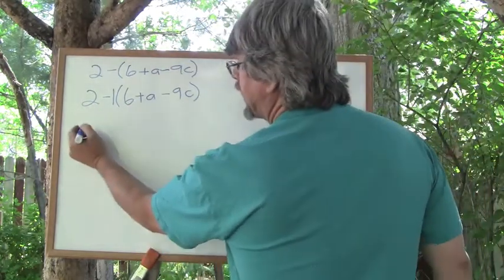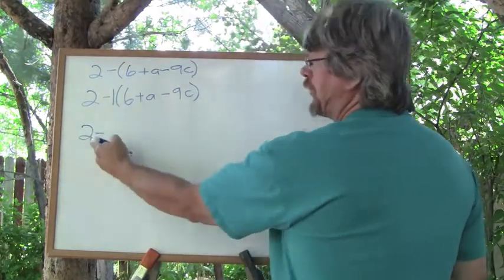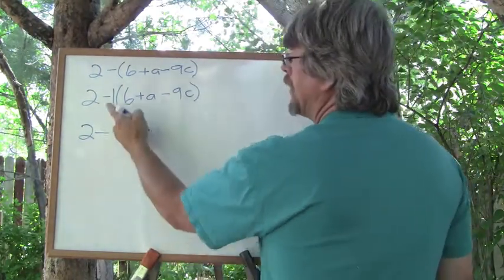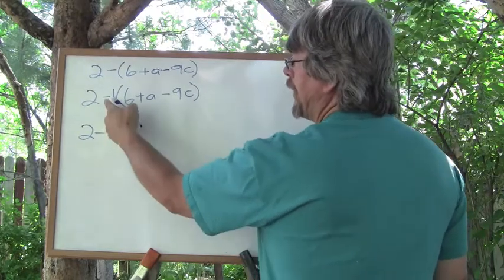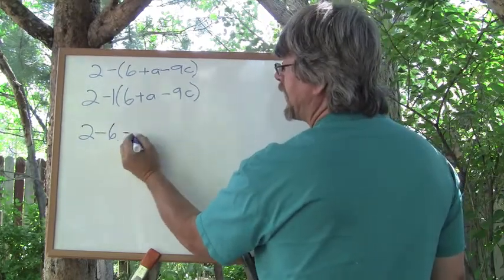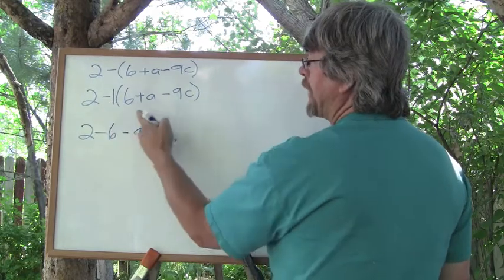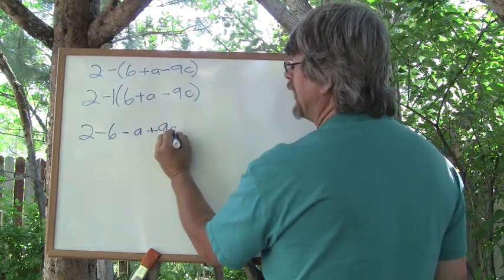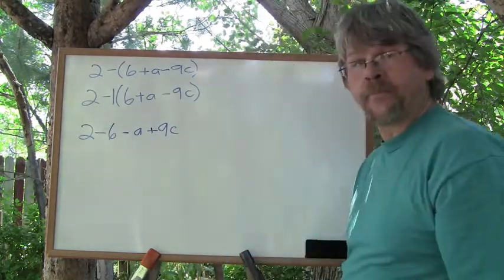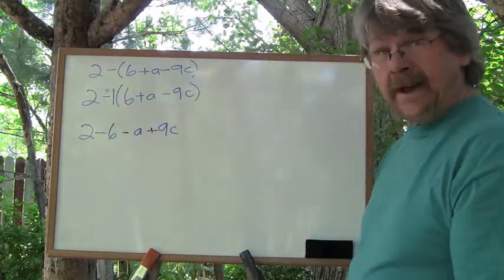So let's do that. We keep the 2 out here. The 2 comes along for the ride. -1 times 6 is -6. -1 times a is -a. -1 times -9c is positive 9c. You see how that changes that?